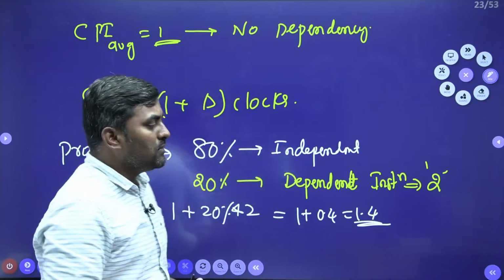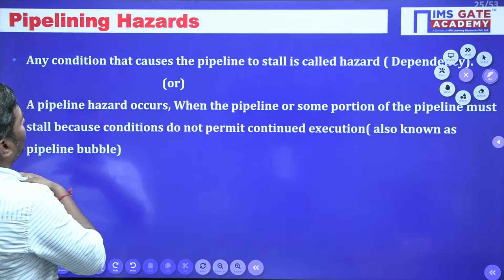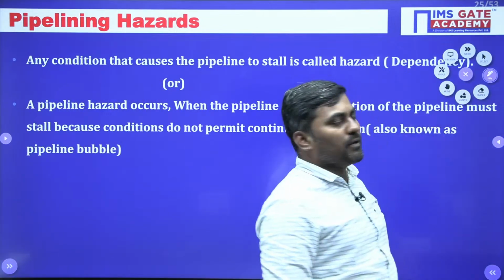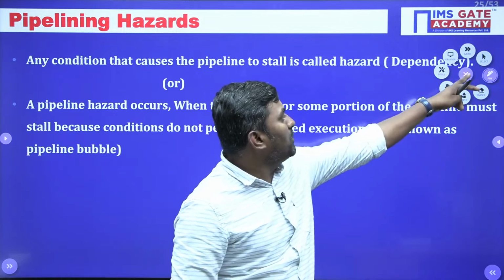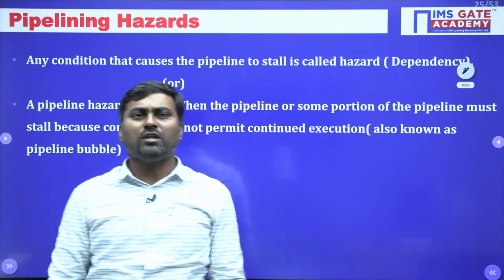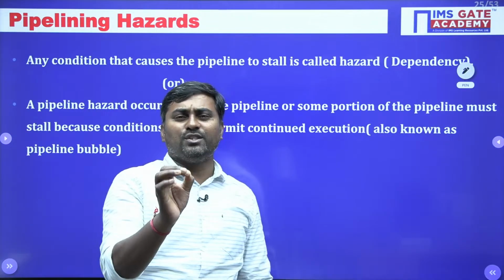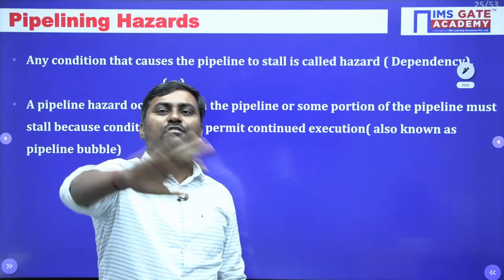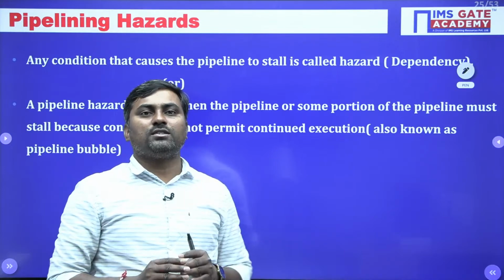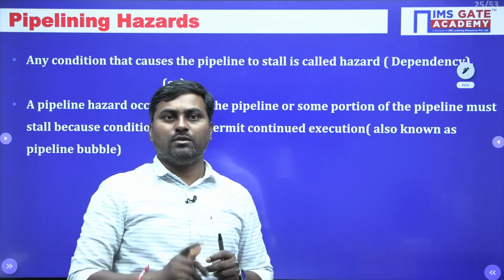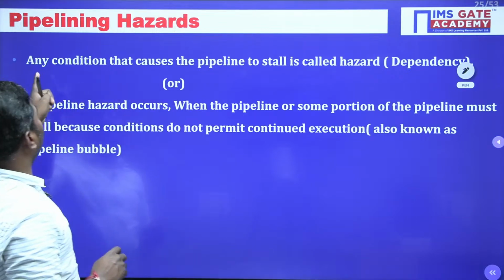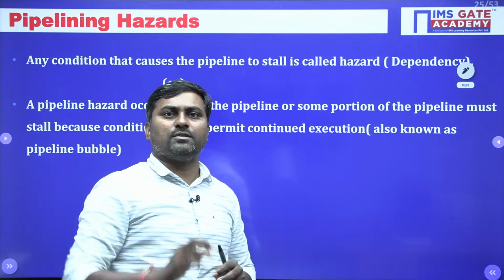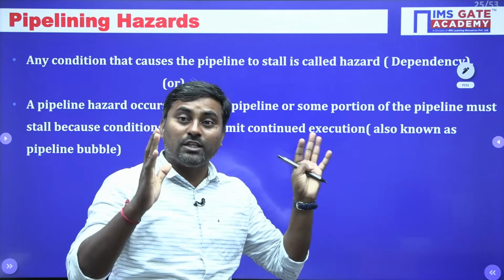Clear? Now the next thing we will observe is hazards in the pipeline. Hazards here mean dependency only. What is a hazard? Any condition which causes the pipeline to stall, to wait for some time, is called a hazard, also known as dependency.